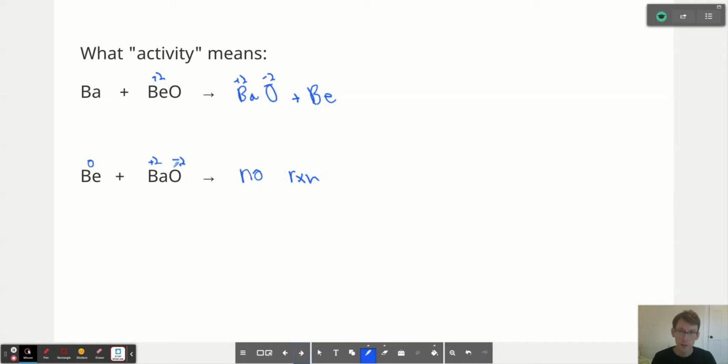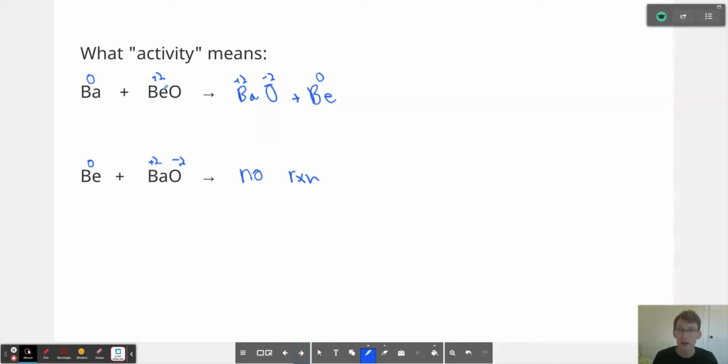I want to point out, by the way, that if you're looking at this, ultimately this reaction would be where a neutral beryllium atom would be giving 2 electrons to the barium, which apparently can't happen. But in this case, a neutral barium atom is giving 2 electrons to the beryllium and changing it from a positive 2 charged beryllium to a neutral beryllium.